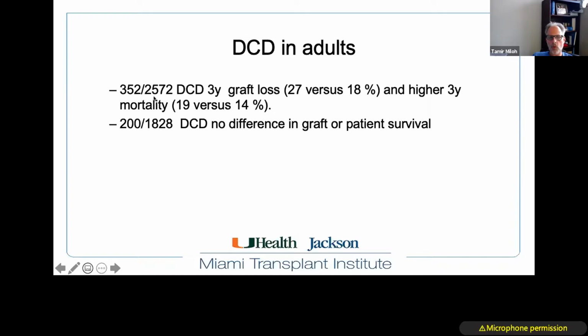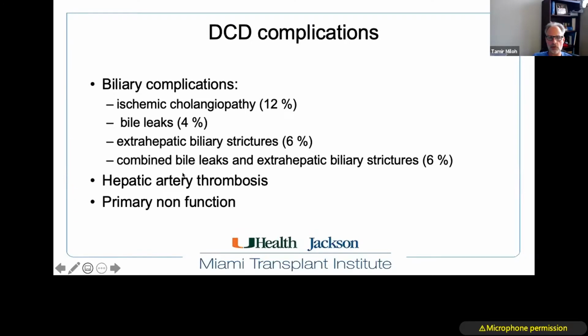Some reports say that there's a higher likelihood of both graft loss and mortality in DCD patients after liver transplantation. However, there are more recent reports in adults that have shown that there is actually no difference in patient or graft survival.